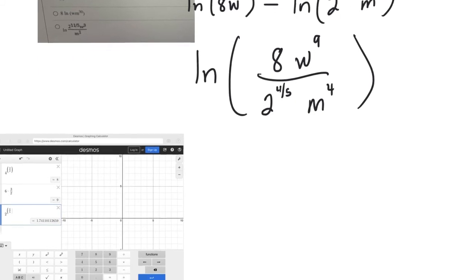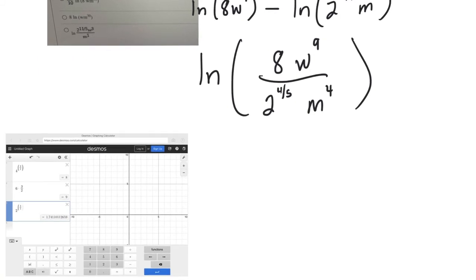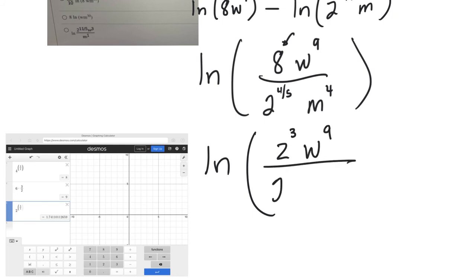Okay, so in looking at the question, I look at this 8 and think, well, that could be 2 to some power. So 8 is the same thing as 2 cubed, w to the 9th, over 2 to the 4/5, m to the 4th. So I know these two are done. I can't do anything with those.